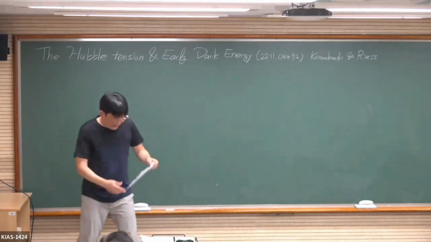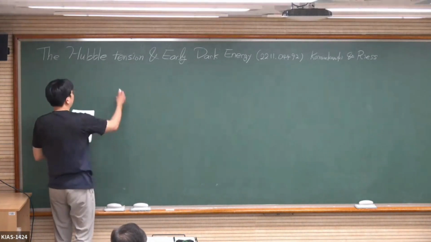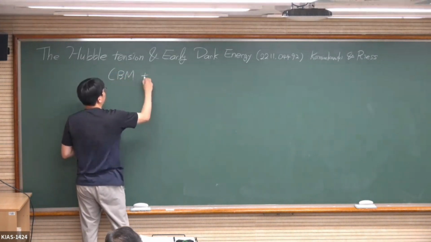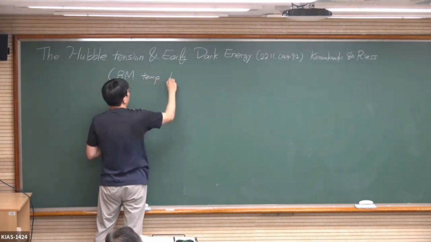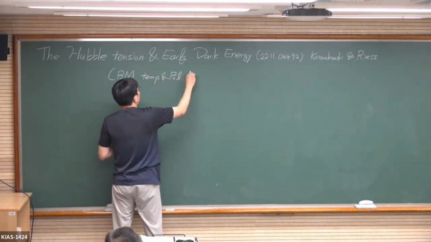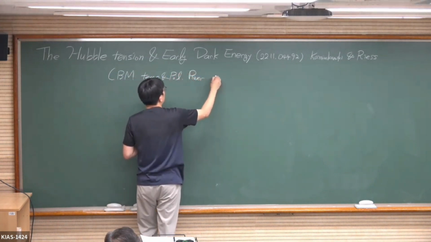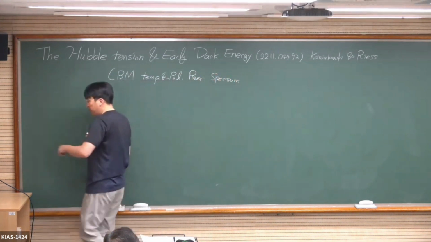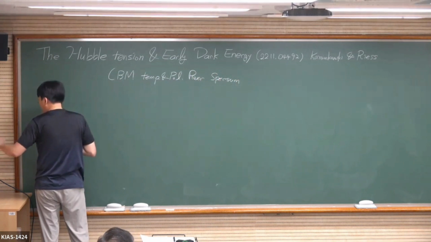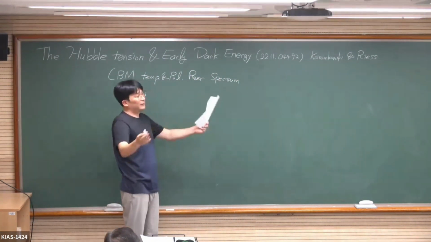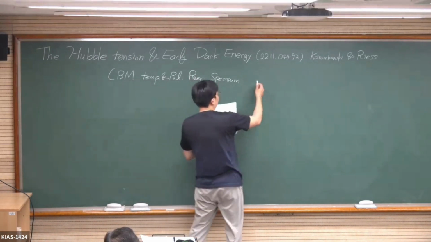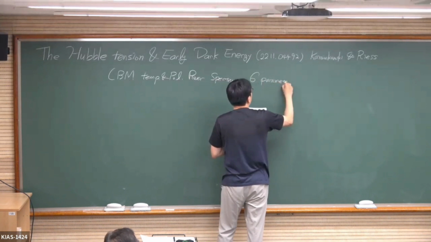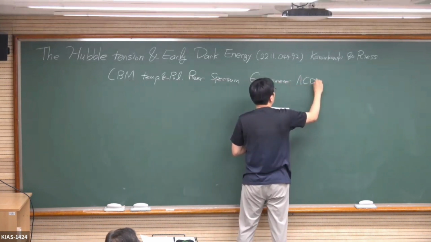Okay? The observational input here is the CMB power spectrum, the CMB temperature and polarization power spectrum. In the plain vanilla lambda CDM model, we can fit these zillions of data points using only 6 parameters.